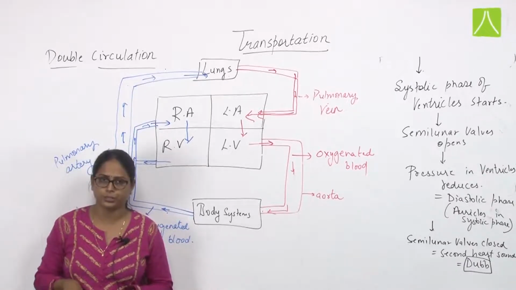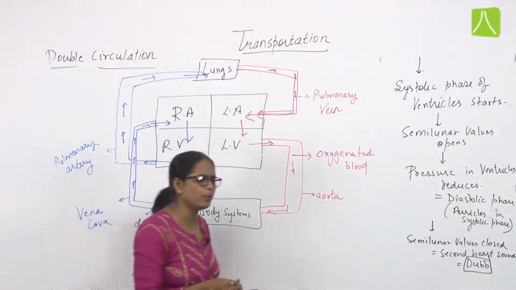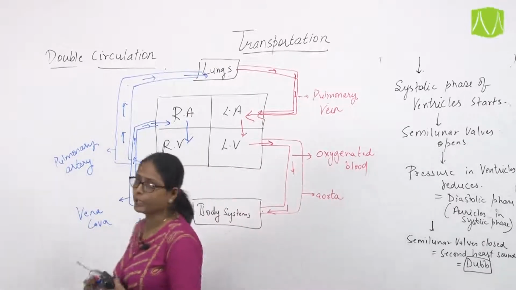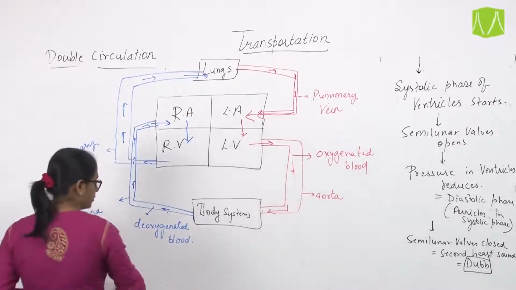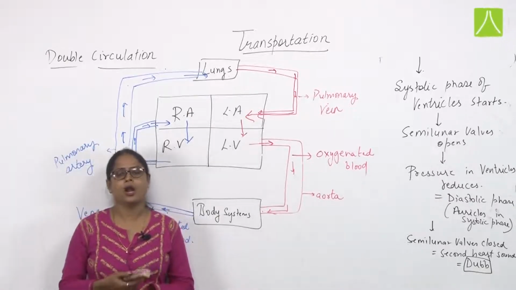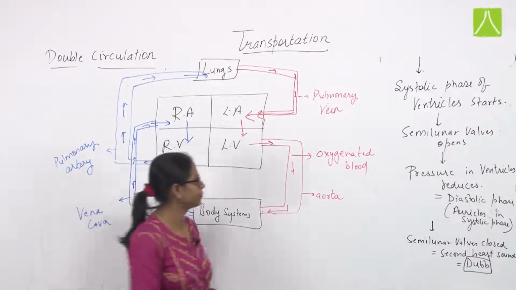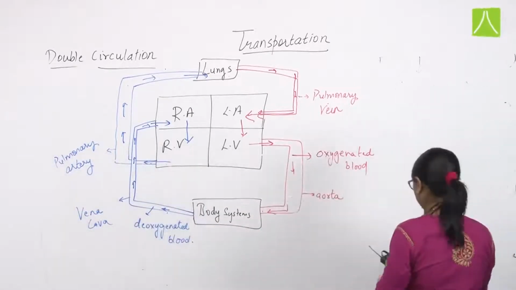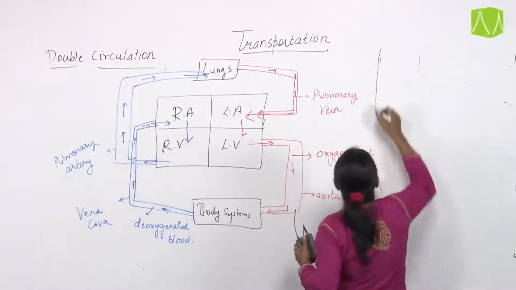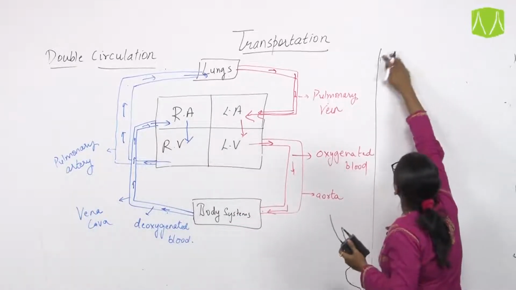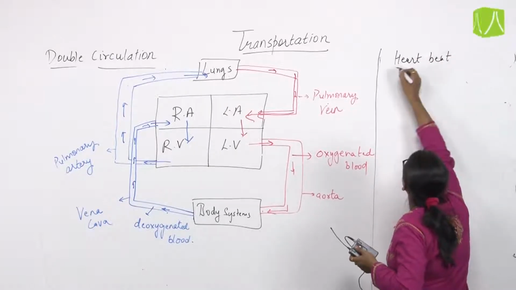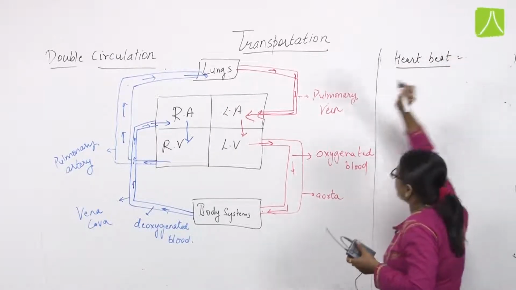Now let's discuss certain important terminology related to the heart, that means related to measurement of the heart. The working of the heart in the form of heartbeat, or heart rate, or you can say pulse rate. Now, heartbeat. What is heartbeat?